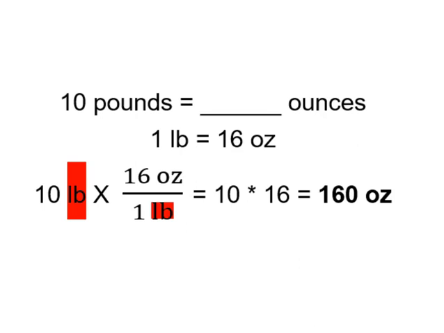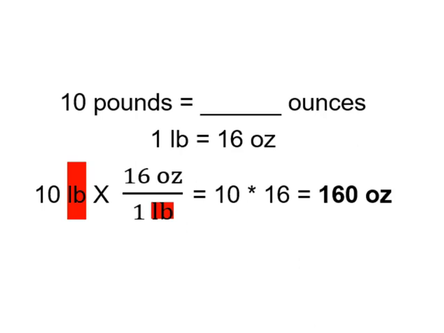We cancel out our pounds, and we have 10 times 16. 10 times 16 is equal to 160, so 10 pounds is equal to 160 ounces. This concludes the independent practice section of customary units of weight.